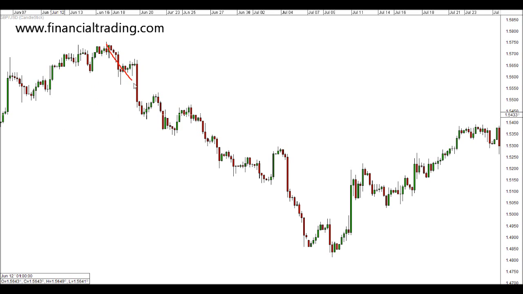We have wave 1, wave 2, wave 3, wave 4 and wave 5, our 3 motive waves and our 2 corrective waves. So let's have a look at why Elliott wave theory works and how Elliott came up with this theory.